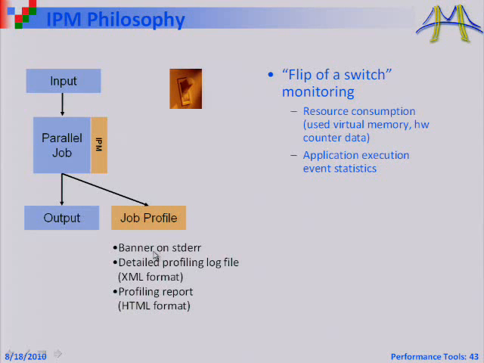And in IPM, this output comes in basically 3 forms. One is just a banner that gives you very basic information that's written on standard error immediately after program termination. And then there is a more detailed profiling log that's written in XML format. And then you can take this profiling log and transform it into a profiling report that's written as a web page in HTML format.